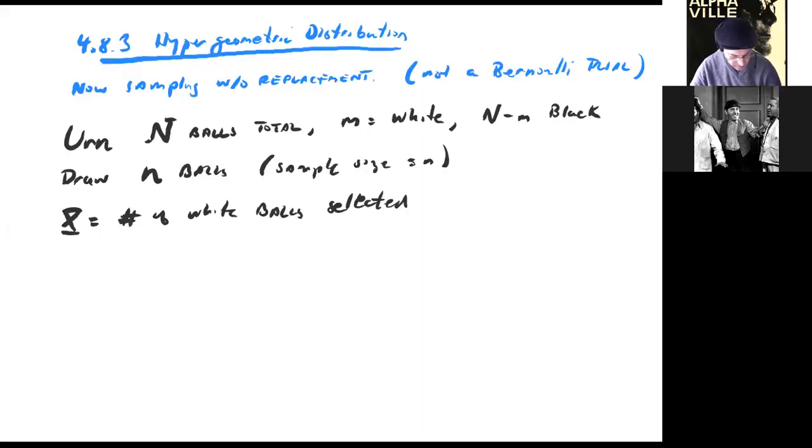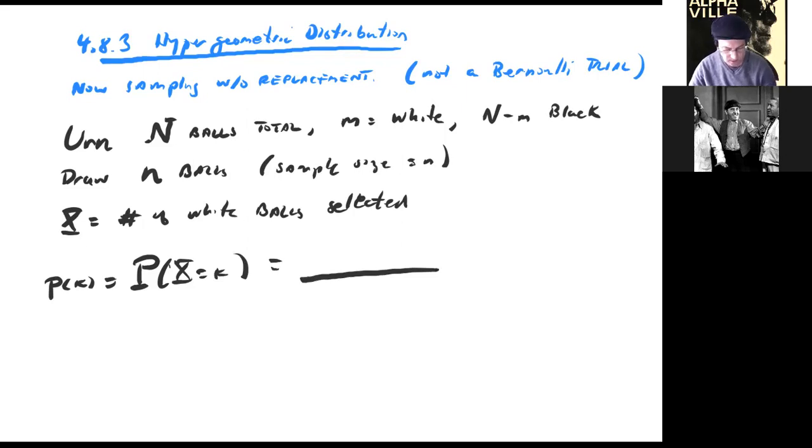So what's the PMF for this? Well, let's say P of K, that's the probability that X has value K. So let's figure this out. First of all, how many balls are there? Capital N. And the total number of ways of selecting is big N choose little n.